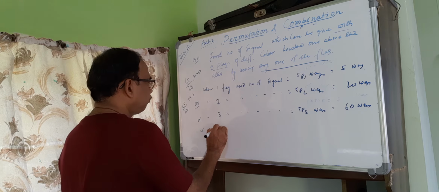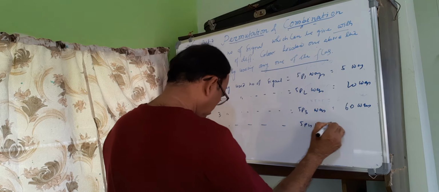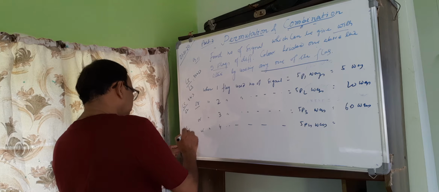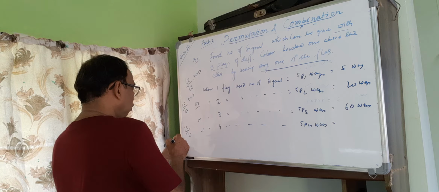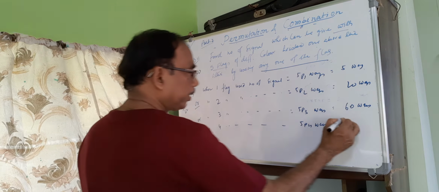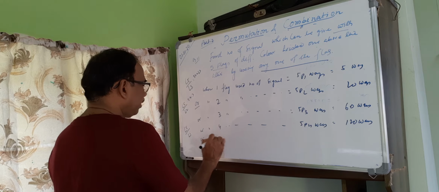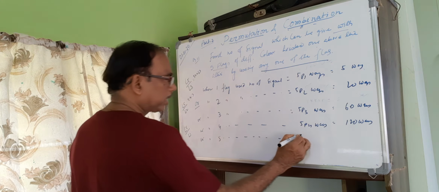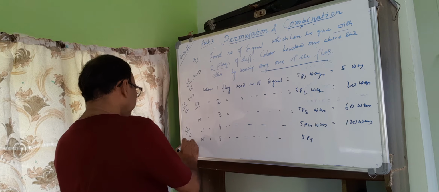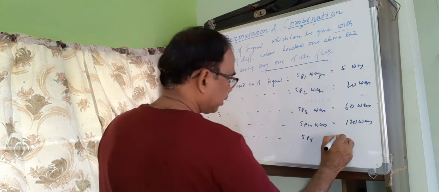Or when 4 flags are used, 5P4 is factorial 5 by factorial 1, that is 120 ways. Or when 5 flags are used, 5P5 is 120 also.